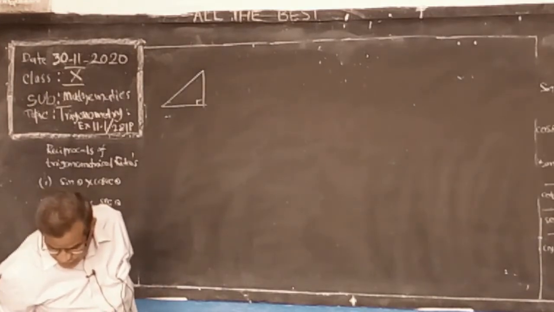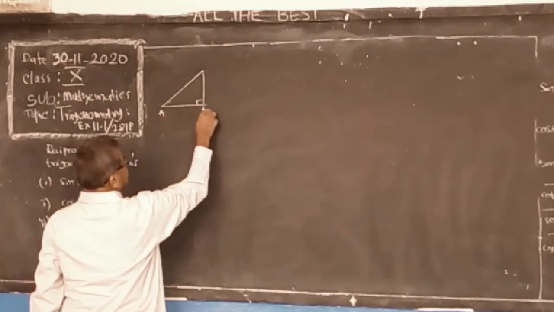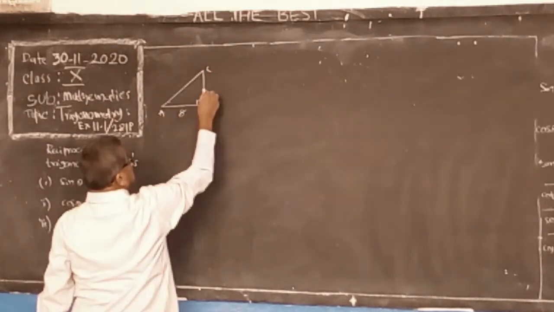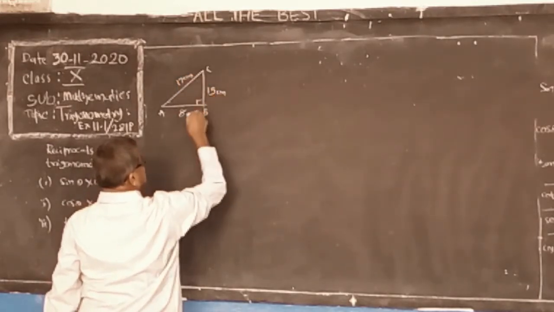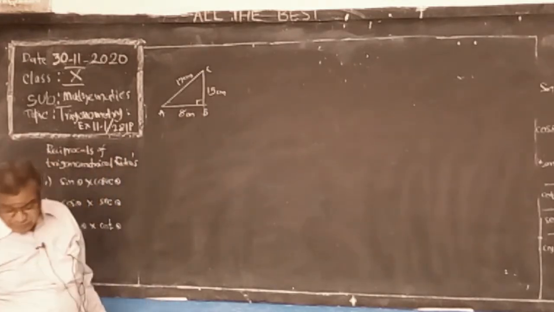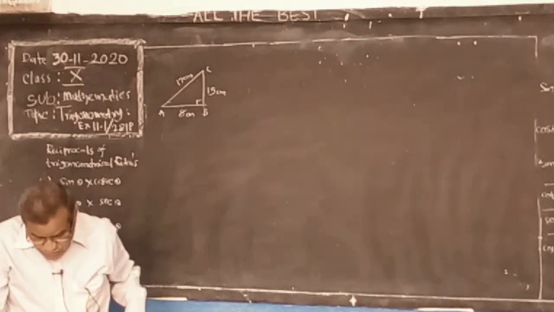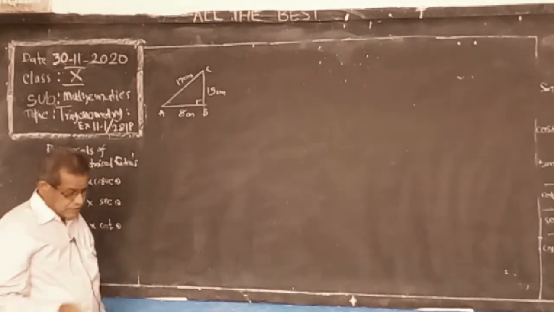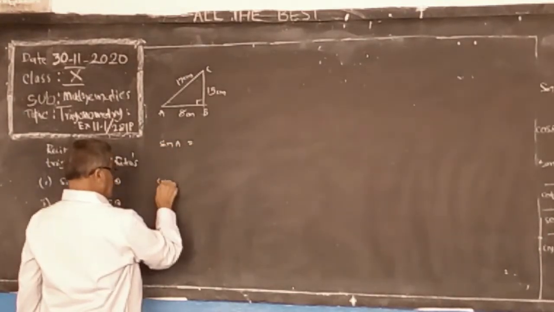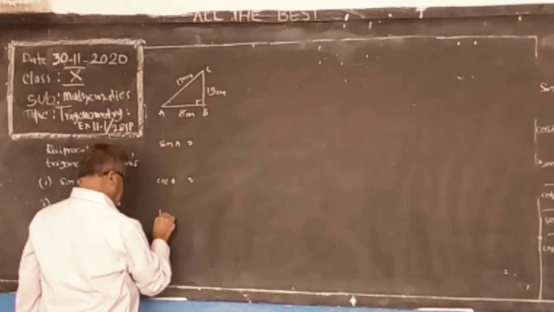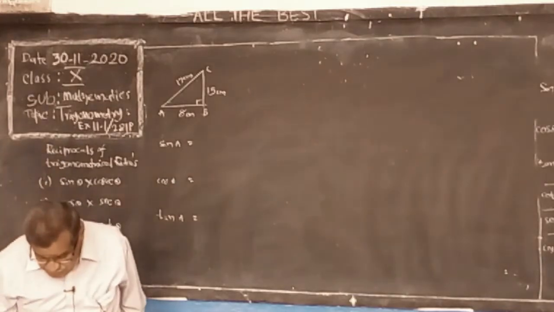In a right angle triangle, the sides 8, 15, 17 centimeters are given. Find the value of sin A, cos A, tan A. He is asking only three ratios.